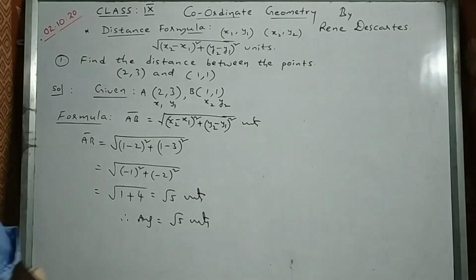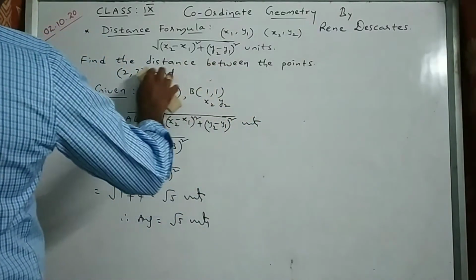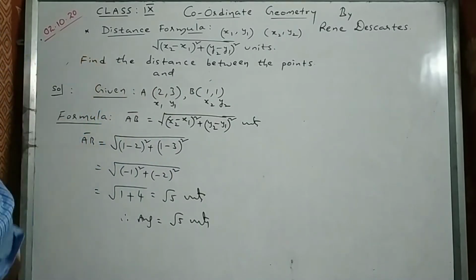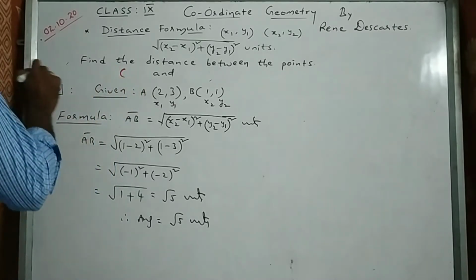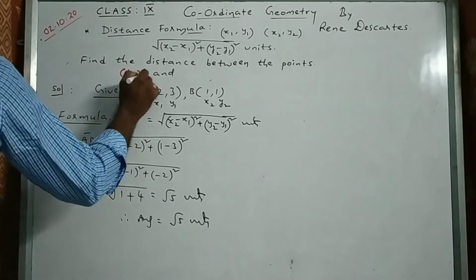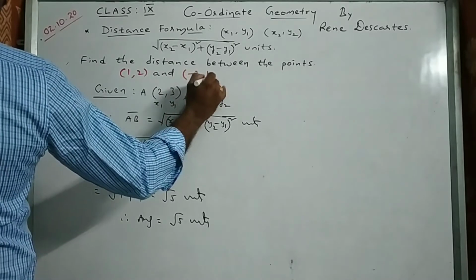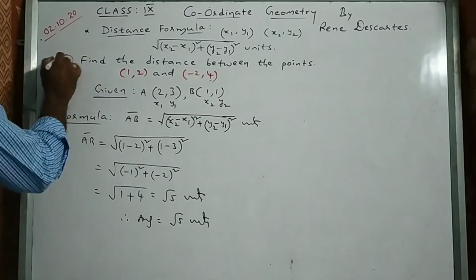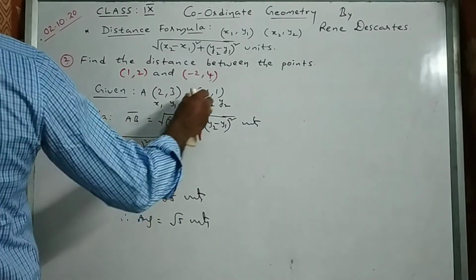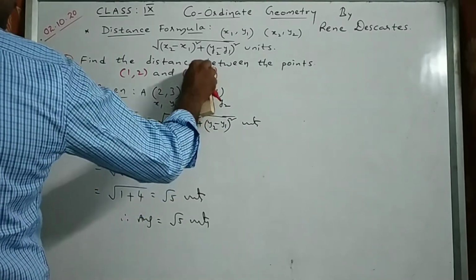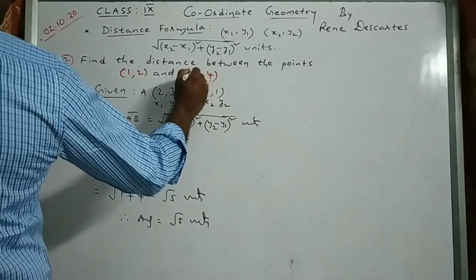Second one: 1 comma 2 and minus 3 comma 4. So the formula is the same, I will substitute. So 1 comma 2 and minus 3 comma 4.